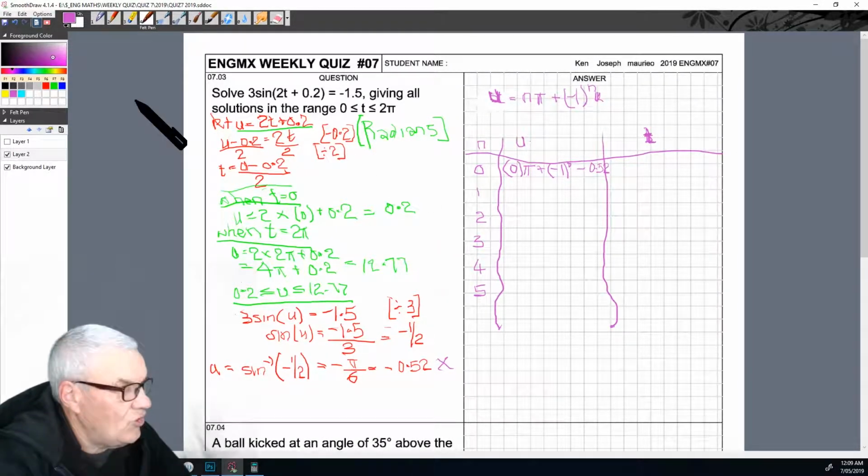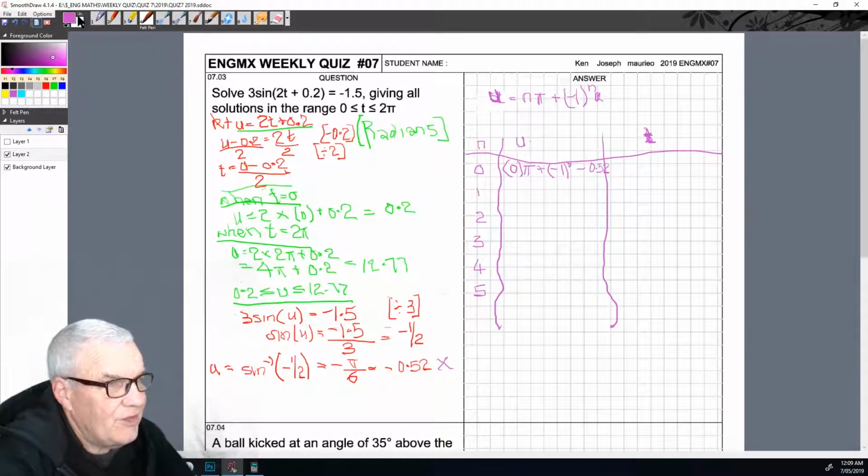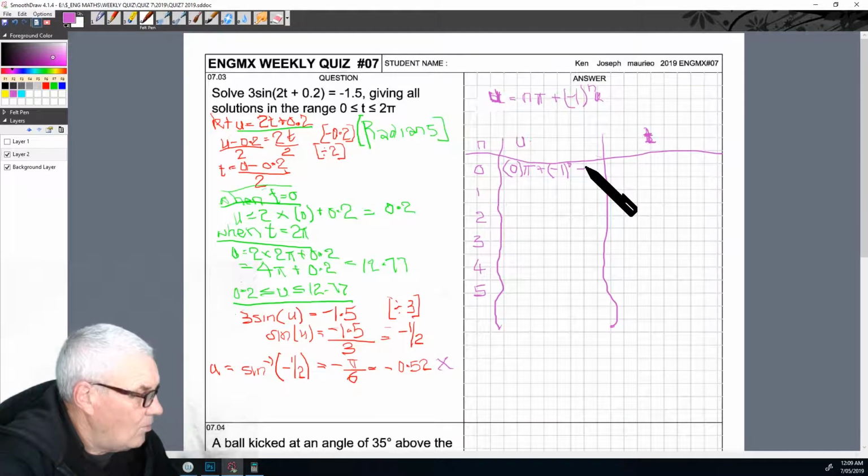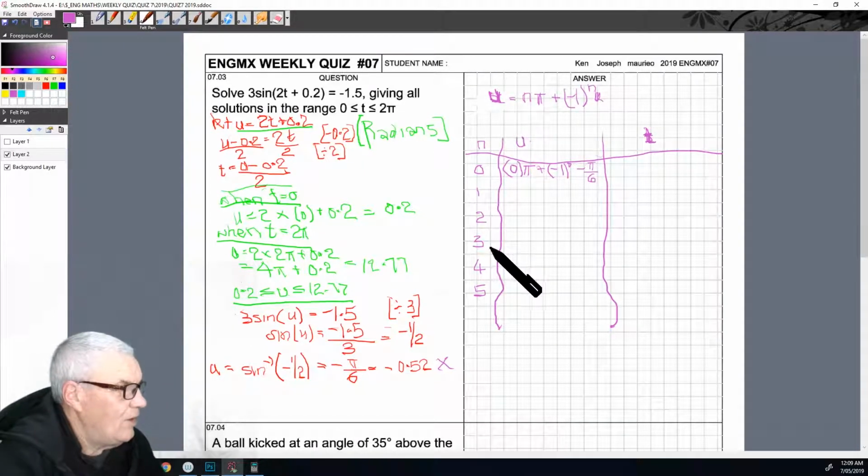Or I might just show that as pi by 6. I think that helps our cause a bit better. Okay, negative pi by 6.